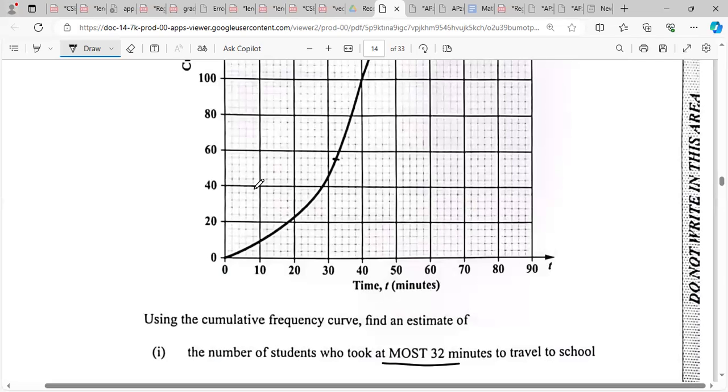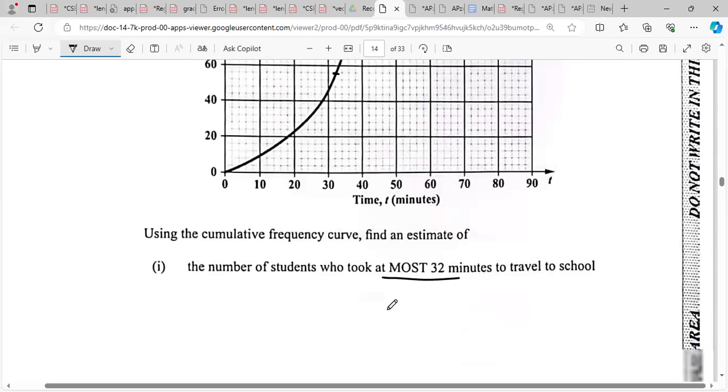Yeah, it goes up by 4. So 40, and that will be 56. So that will be 56.